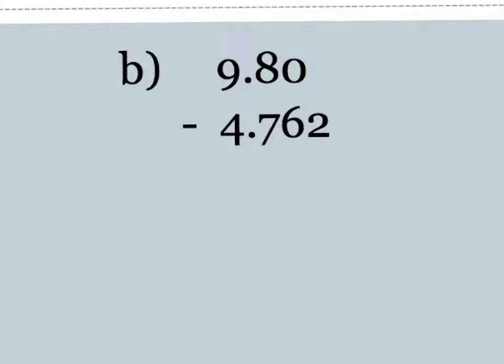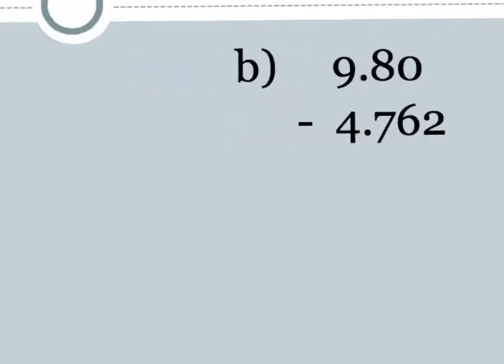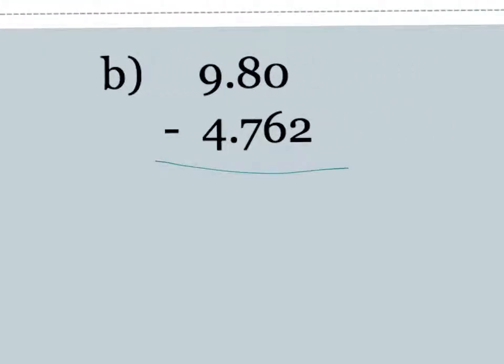Again, let's look at example B. This time we have subtraction. Our problem says 9.80 minus 4.762. So, as before, I'm going to do the calculation as I normally would. 9.80 minus 4.762 is 5.038.